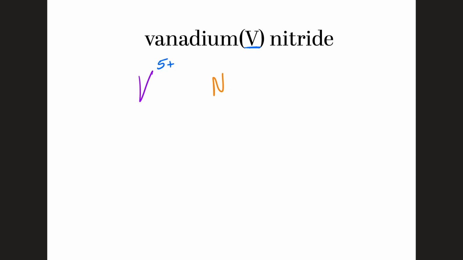Nitride, if we look at group 15, has a negative 3 charge. Since this smaller number will not divide evenly into the larger number, we have to find the least common multiple. And in this instance, the least common multiple for these is going to be 15. So we have to multiply each charge by a number to get it to equal 15.